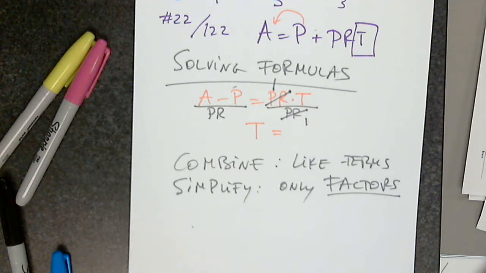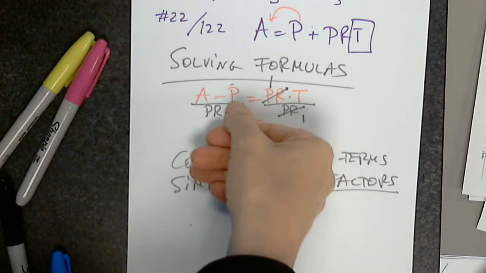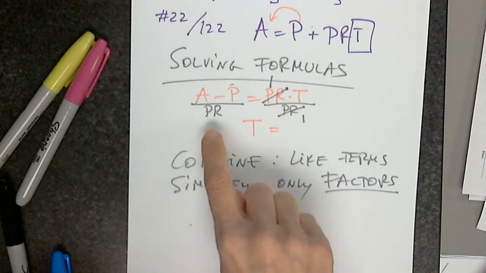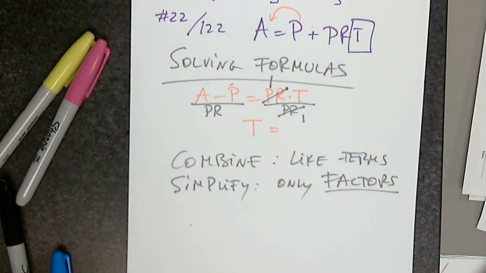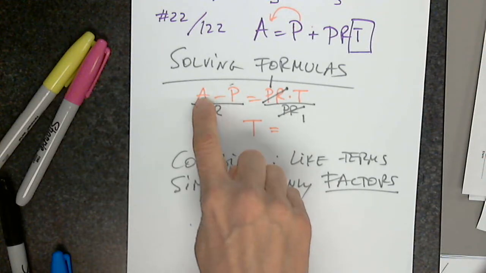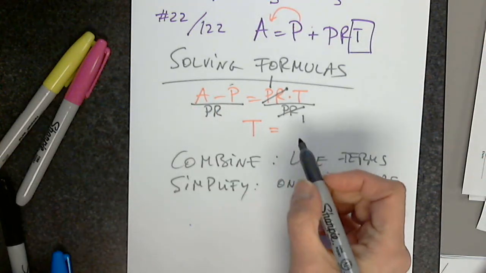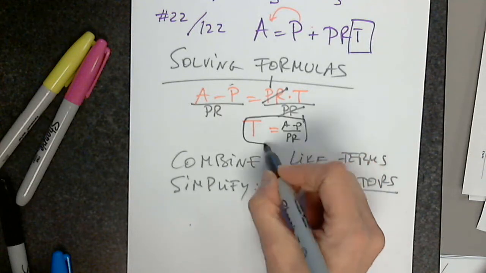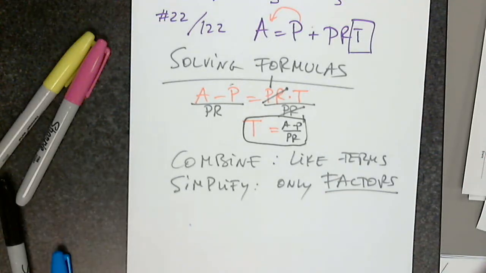Exactly. P is a term. That's why I cannot simplify it. P here is a factor, but P here is a term, because it's connected by subtraction to something else. So the simplified form is A minus P over PR, and this is it. No one can further simplify this. Done.